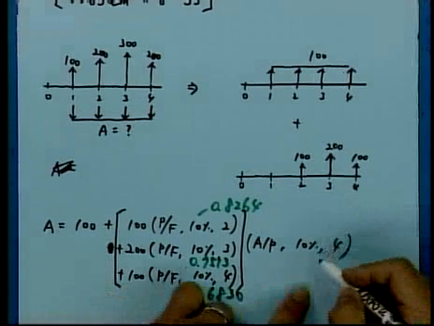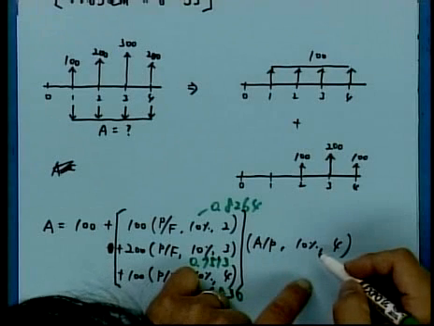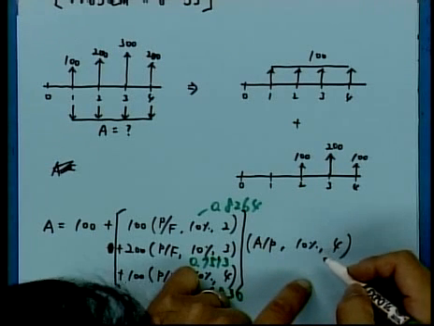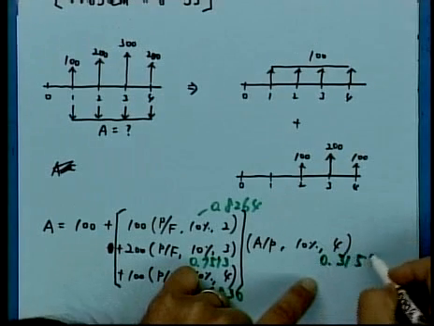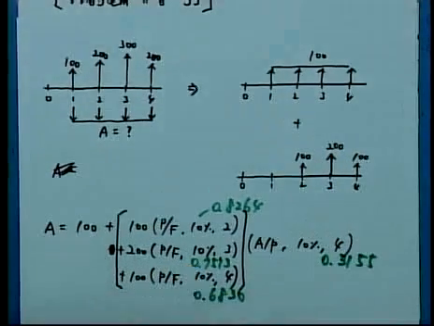And what about A given P over 4 periods? 0.3155.